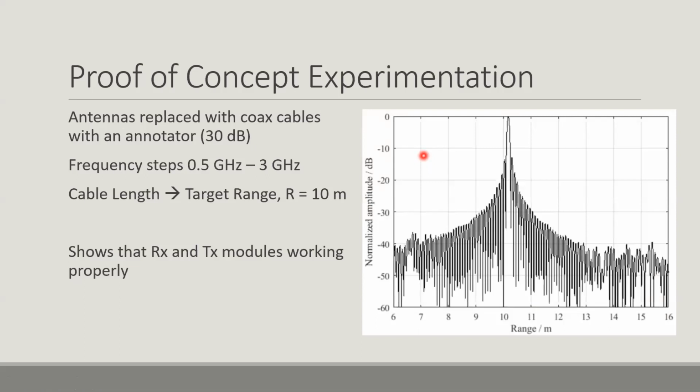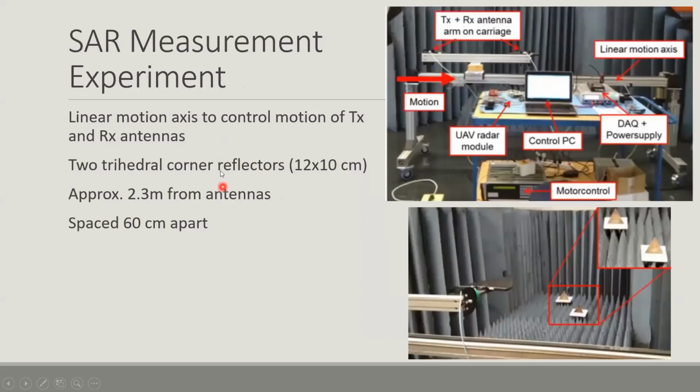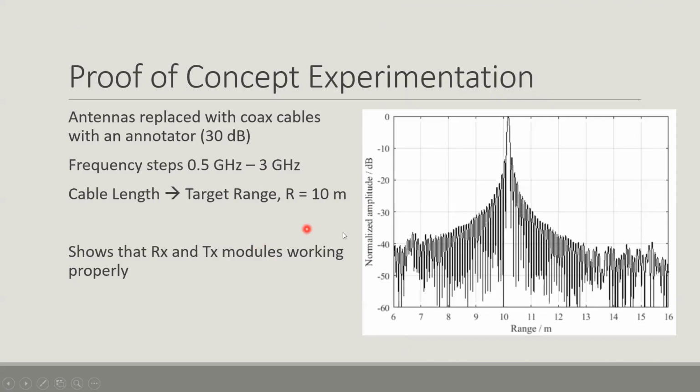And the length of this cable corresponds to the range of our simulated target. So as you can see from this range profile over here, we had a cable length of 10 meters, and after processing it, we approximately get 10 meters as our simulated target. And this just shows that our TX and our RX modules are working properly.